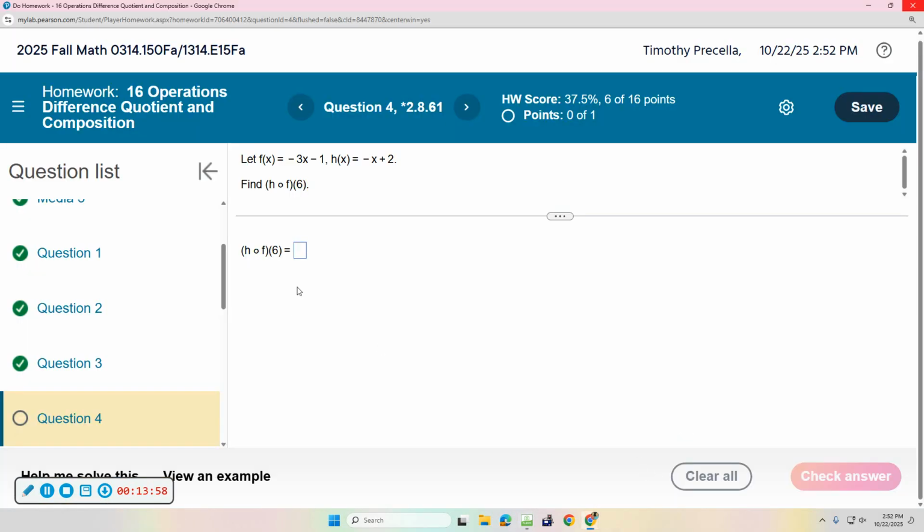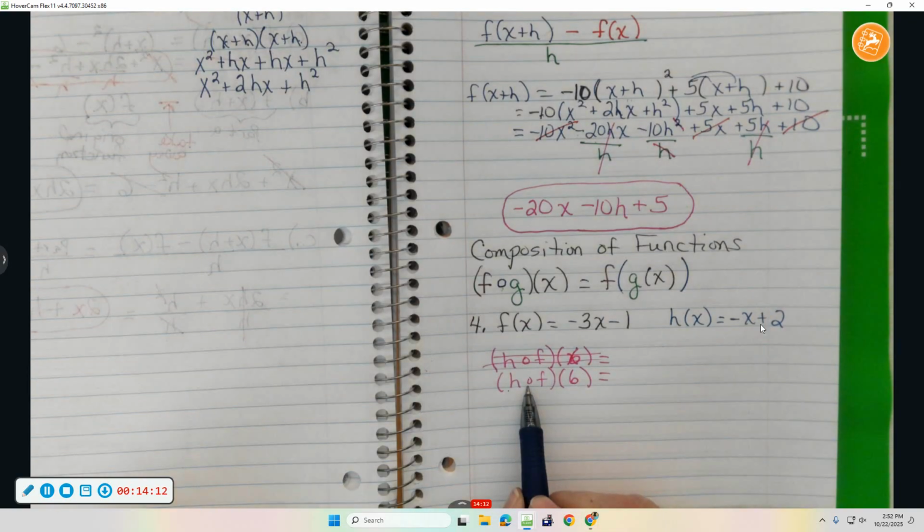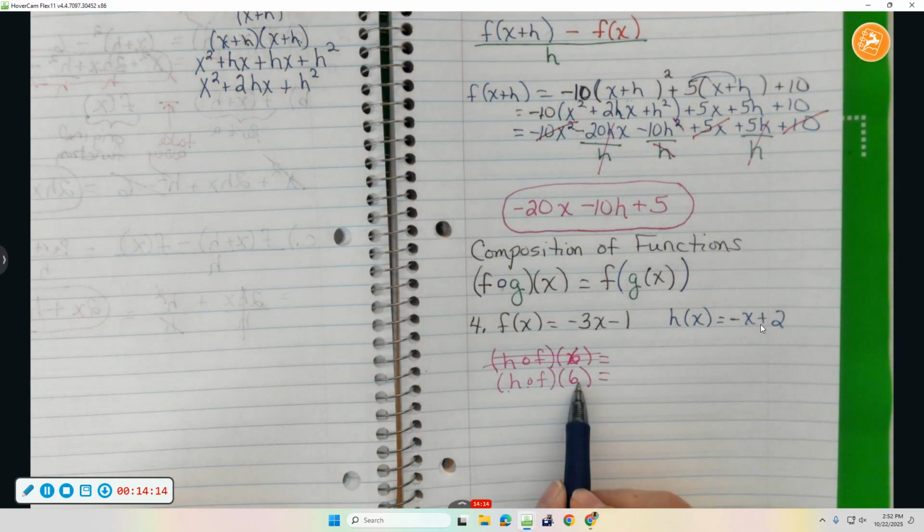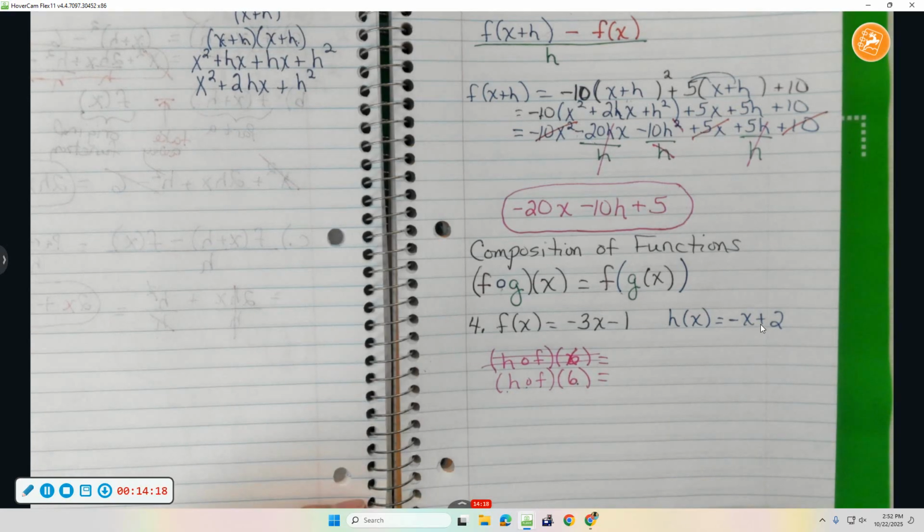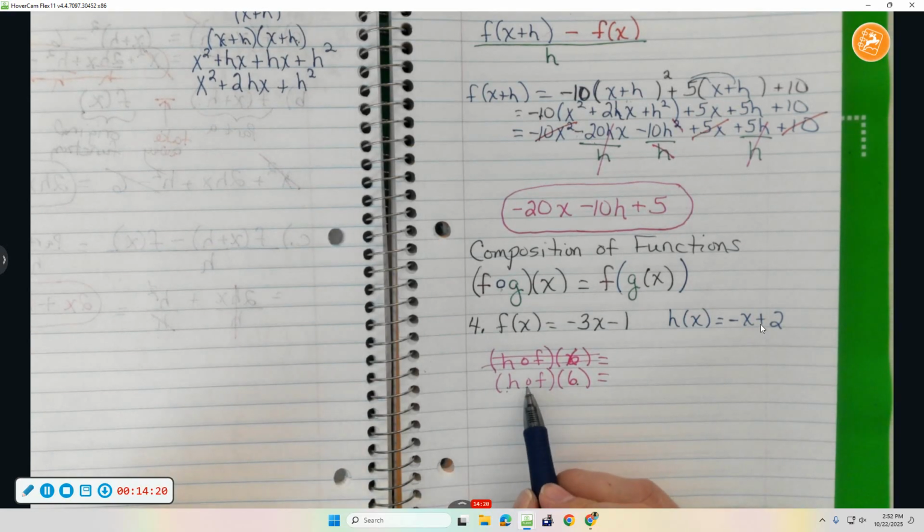You see, there's not an x there. We want to find a composition at a number. A composition at a number gives you a final answer. That's a number. To find h composed with f of 6, or another way it might be read if you don't want to say composed with, h of f of 6.